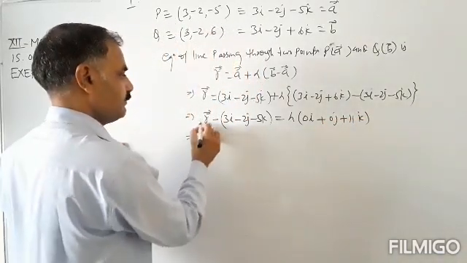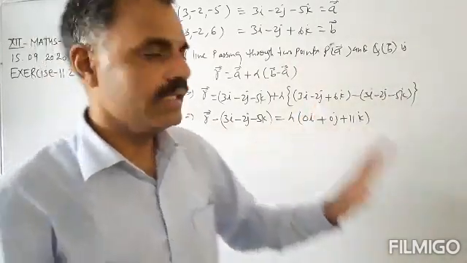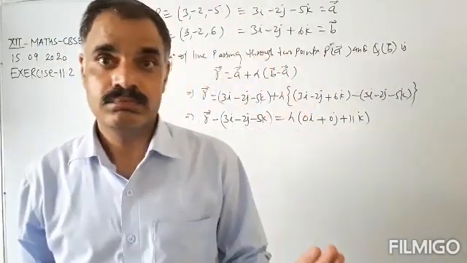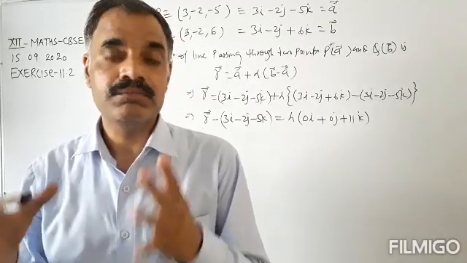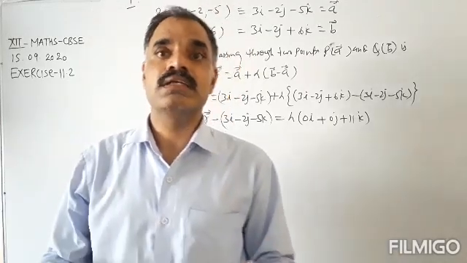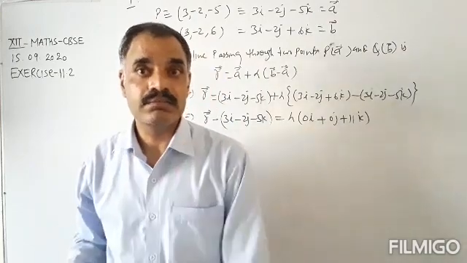So this is the equation of line in vector form. Now we have to convert this vector form into Cartesian form.